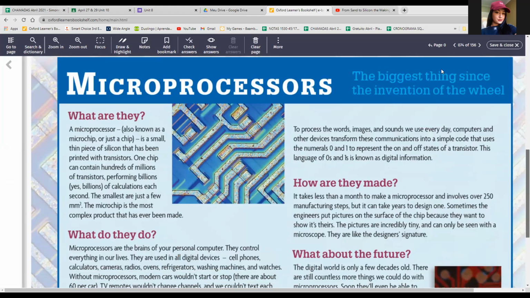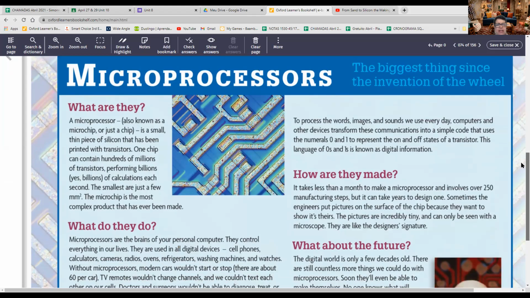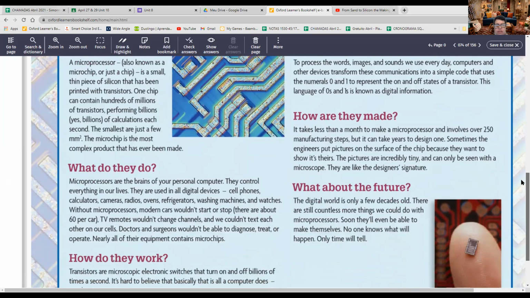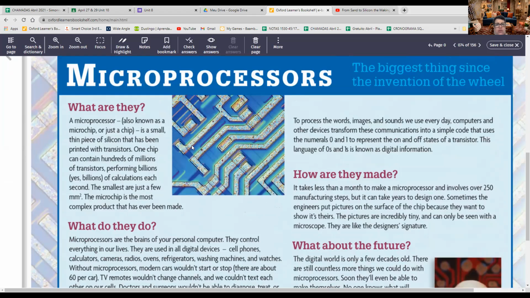So look, the biggest thing since the invention of the wheel. Let's take a look at this reading part. Here we have the subtitles, the subdivisions to help us as we go. So first of all, microprocessors, what are they? A microprocessor, also known as a microchip or just a chip, is a small, thin piece of silicon that has been printed with transistors.